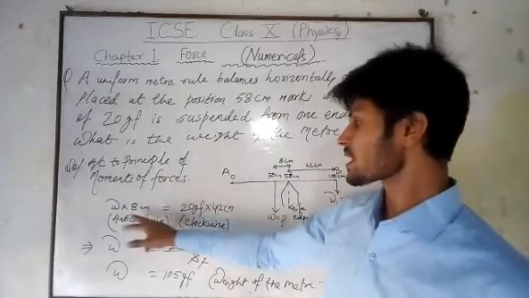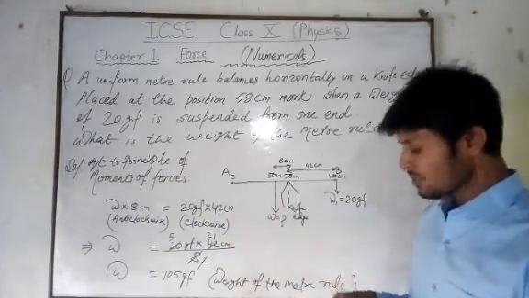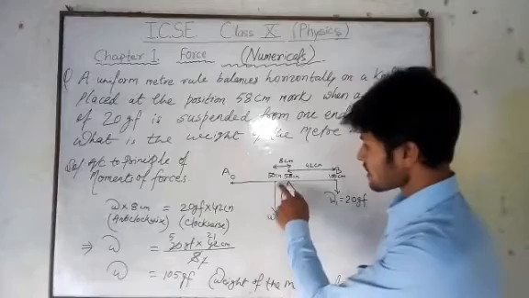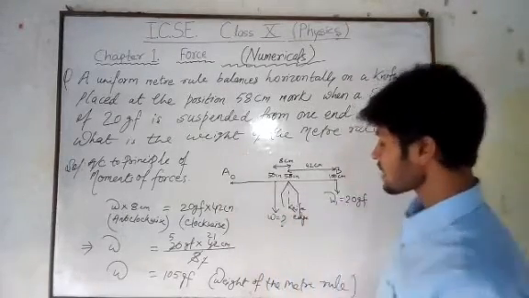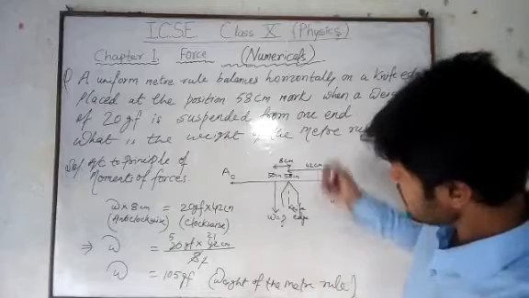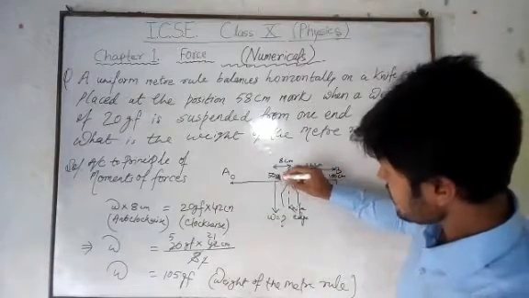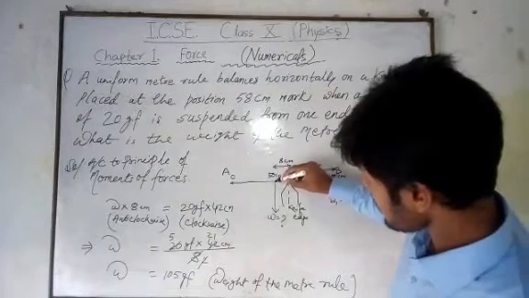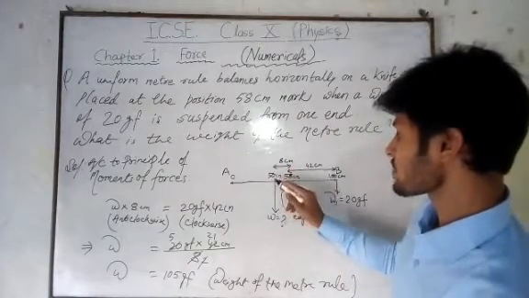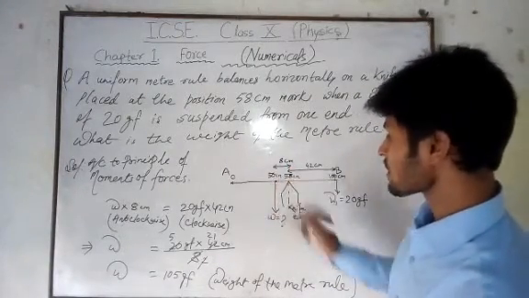we all know that the weight of the whole meter rule acts from the center of gravity. That is, the weight of the meter rule is from the point at the center, which is 50 centimeter, center of the meter rule.